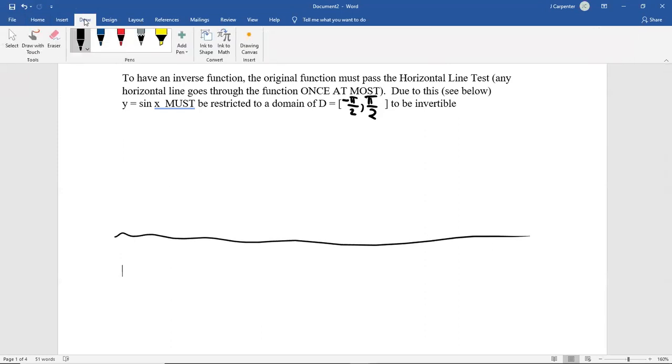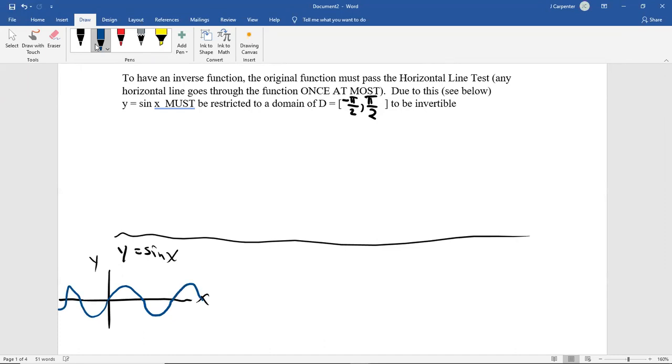So the reasoning below. Here's the graph of y equals sine of x. Now this graph goes forever in each direction. Starts at 0, goes up to a height of 1, comes back down to a height of -1, then back up, etc. It goes on forever.